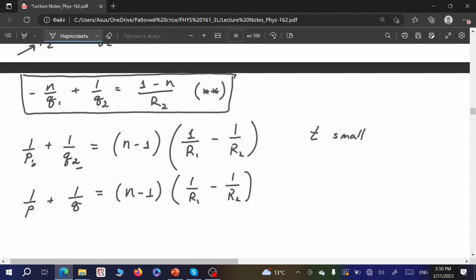This P1, which we denote as P, is the distance of an object to the center of the lens, because here we don't consider the first or second interface, they are close. We measure all distances now to the center of the lens. So P is the distance of an object to the center of the lens.